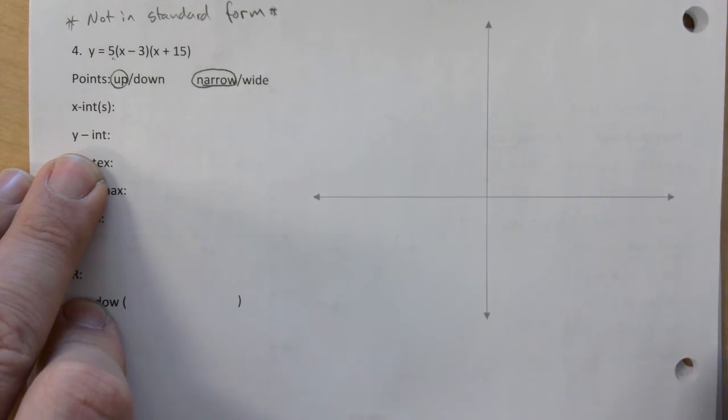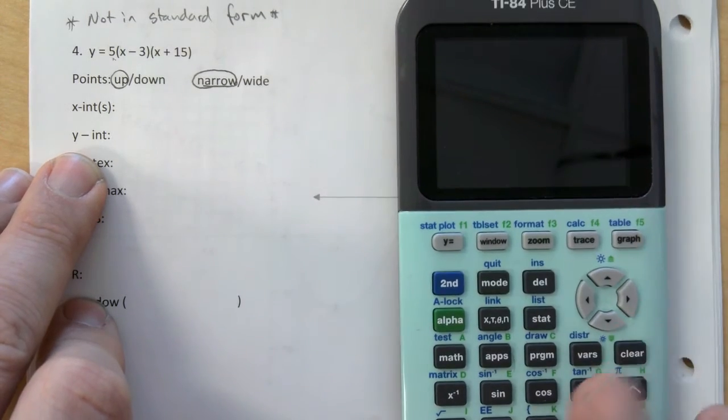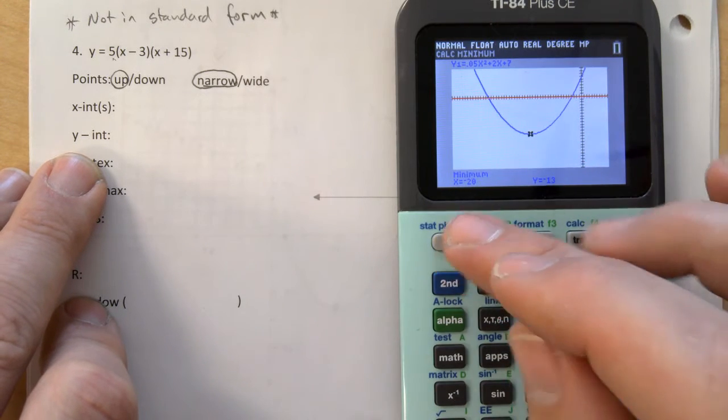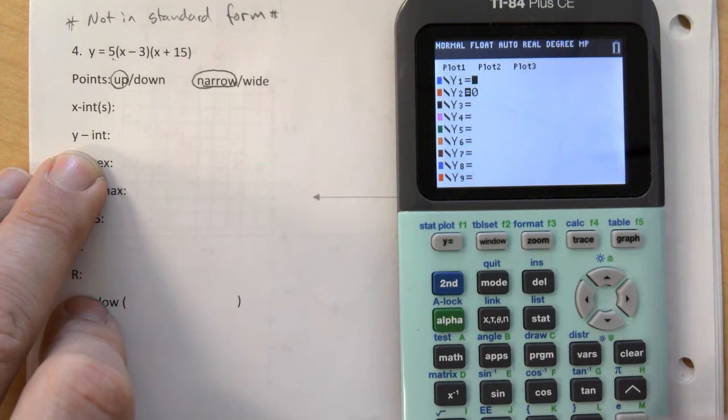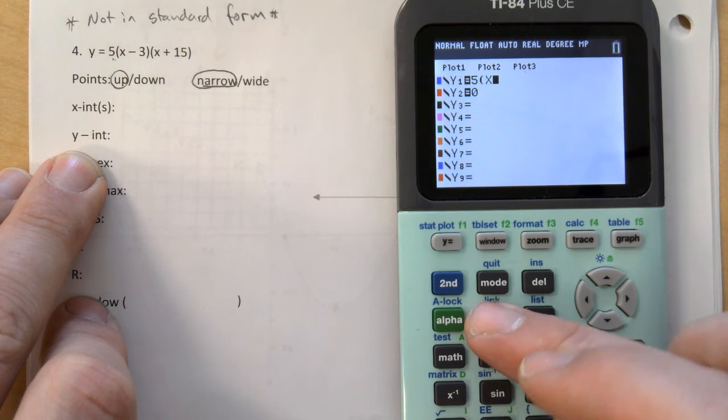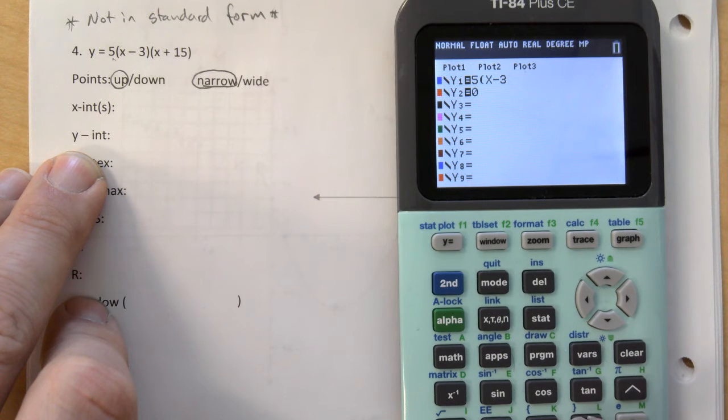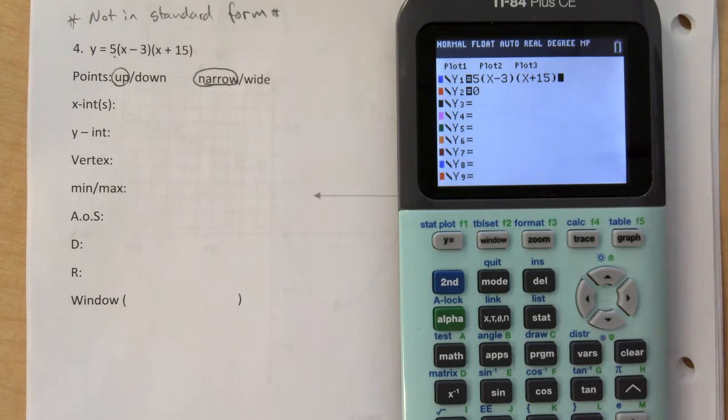And so let's go ahead and type this into our calculator as is. Okay, so we go y equals clear. Okay, so use brackets, 5 bracket x minus 3, right, and then another bracket x plus 15. And hit graph.